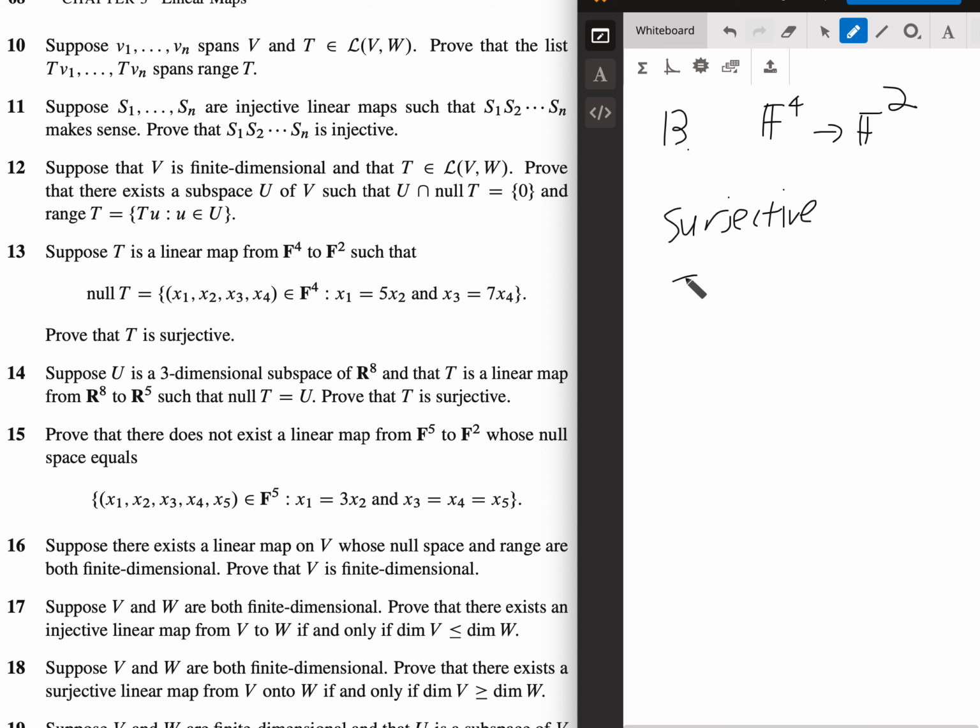So what you have here is: dimension of the null space of T plus dimension of the range of T equals the dimension of the input vector space, or domain, which is the dimension of F4.